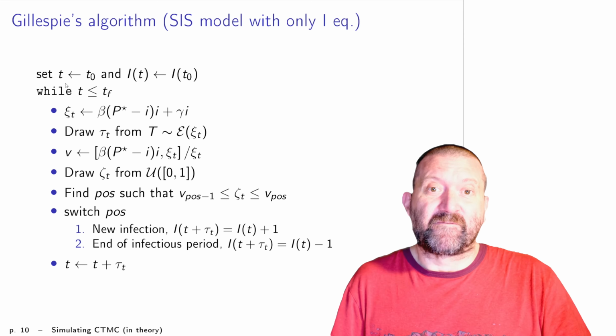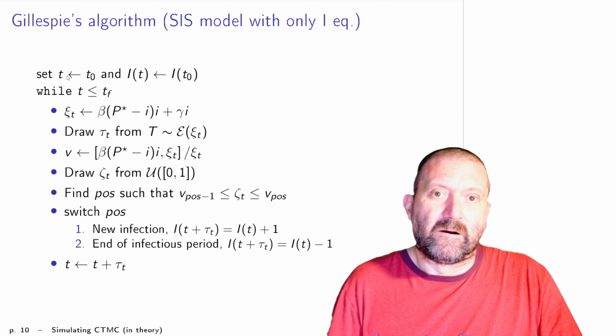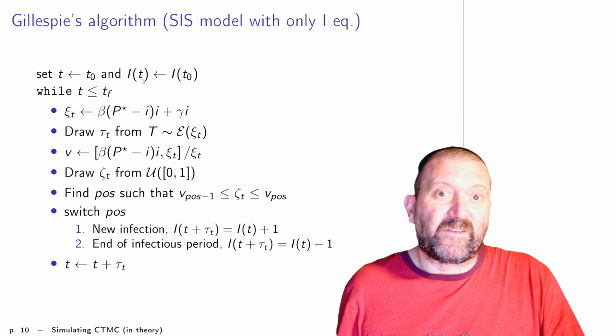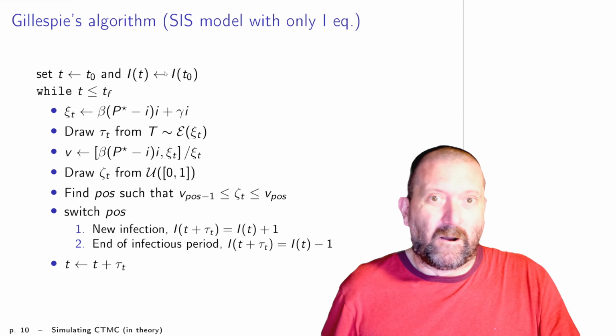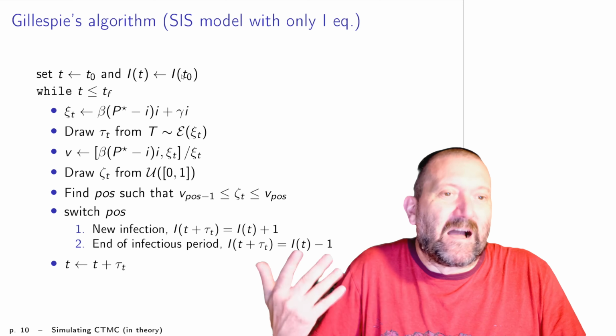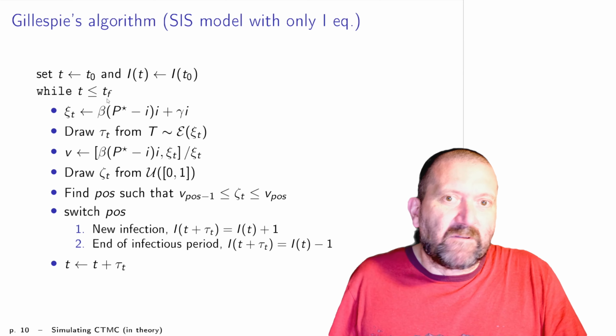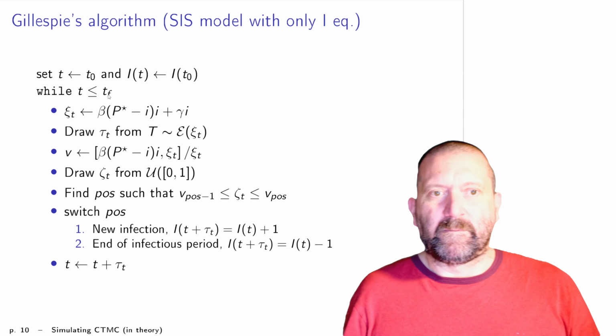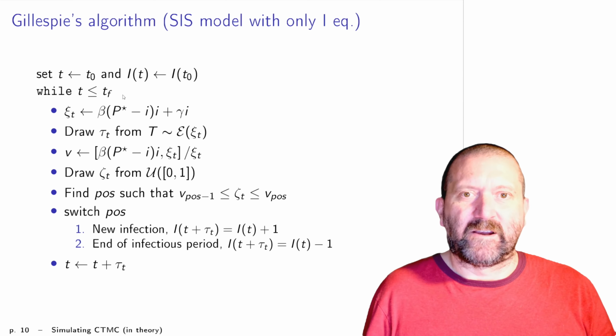So same as we said before, we set the initial time to t0, we set the initial state to I of t0, and then we repeat while our time has not reached the final value.